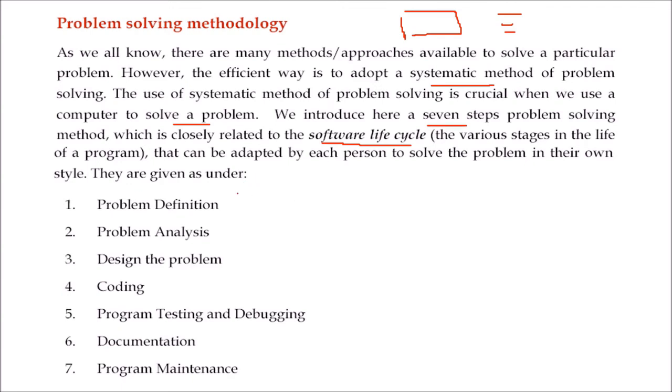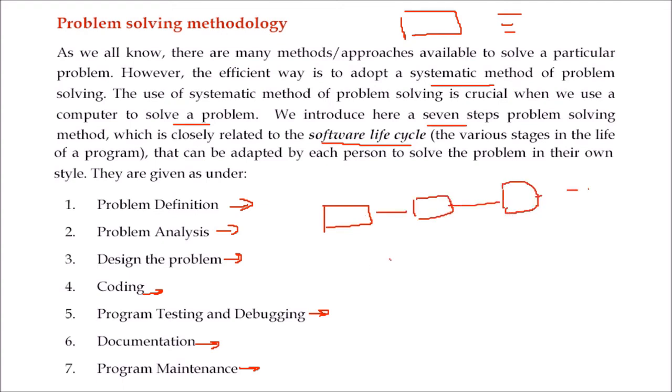So the first one is the problem definition, the second is problem analysis, design of the problem, then the coding, then program testing and debugging, documentation, and program maintenance. We'll discuss these all in detail, but before we go ahead, these are the different phases of the SDLC, that is software development life cycle.